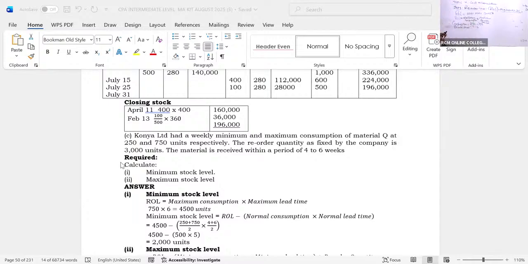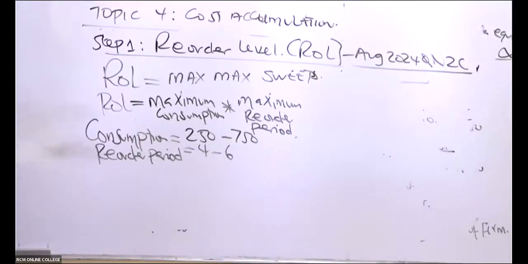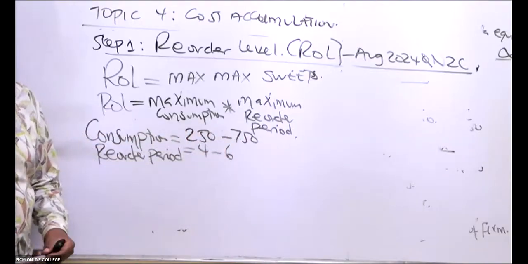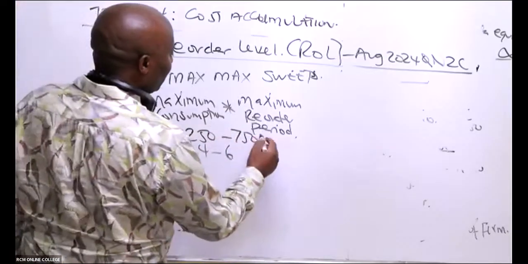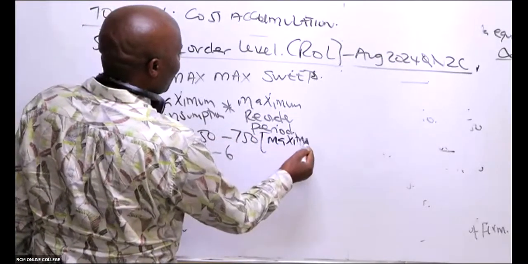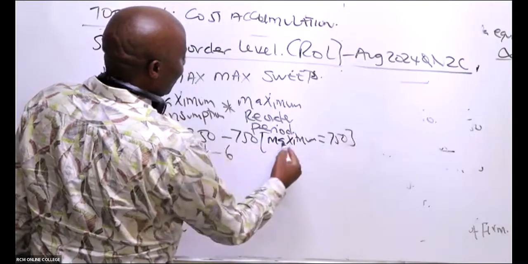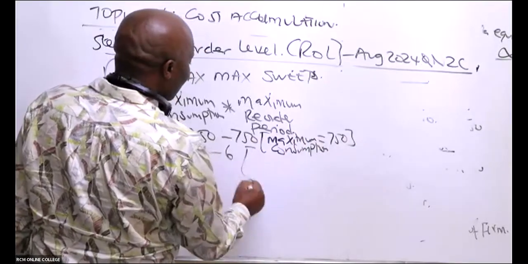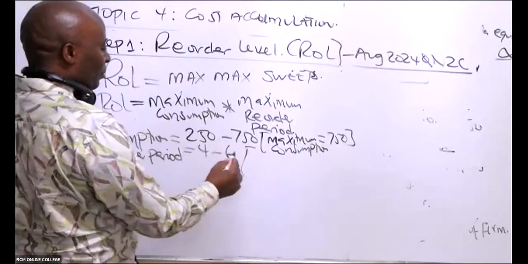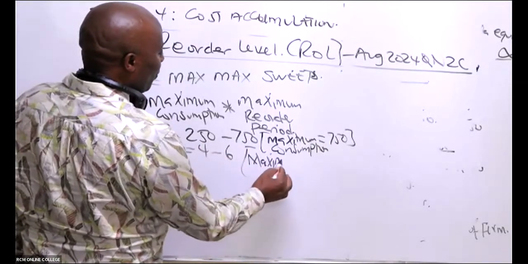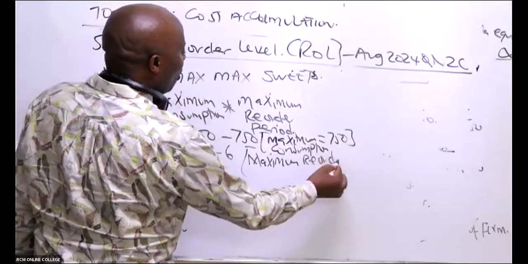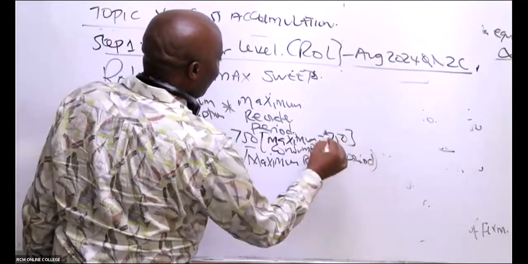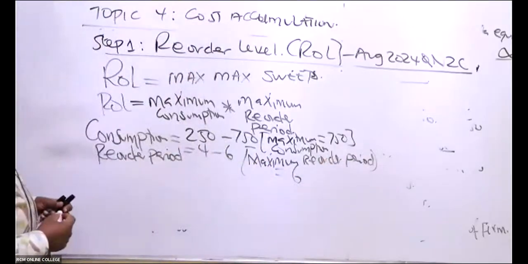So out of this information, which one is maximum in our consumption between the two numbers? 750. Maximum consumption is 750. The same case with the maximum reorder period. It is 6 weeks. So maximum reorder period is 6 weeks.